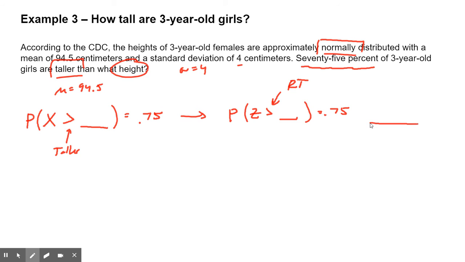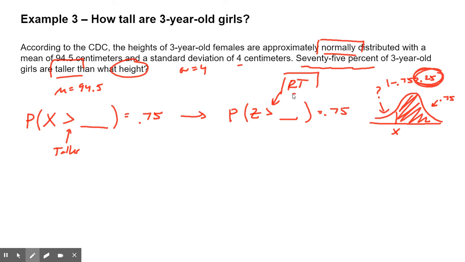So think about it real fast, right? 75% is somewhere around here. So if this is my value of x, this would be about 75%, 0.75. That means my left tail is going to be how much? Well, it's just going to be 1 minus 0.75, which is 0.25. That is the probability that I must use. So for the left tail, I must use this probability statement.